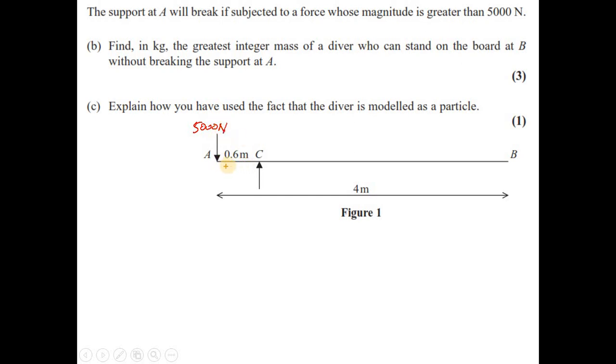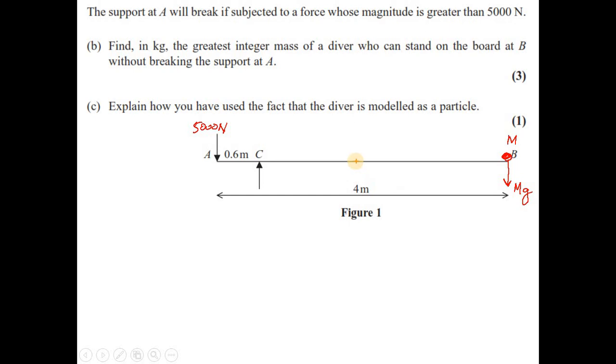So you need to find the maximum mass of the diver that can stand without breaking the plank. Let's suppose the mass of the diver is m. That's what you need to find. So the weight of the diver acting downward is mg.